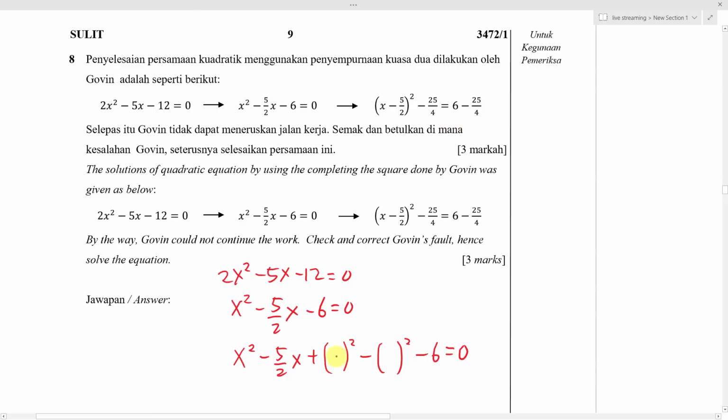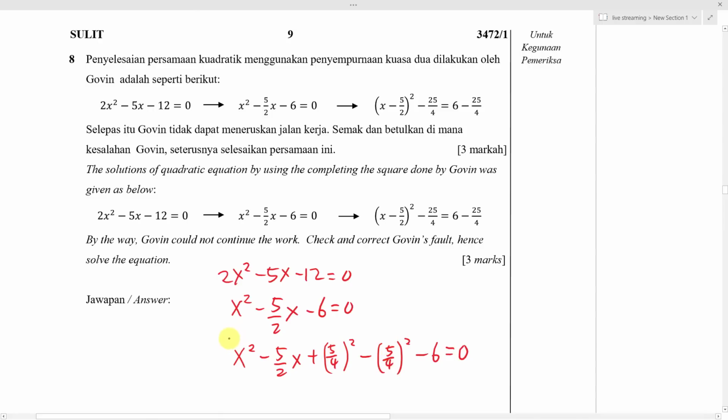But what is this something here? It's very important. It's just b divided by 2. My b right now is 5 over 2. So when 5 over 2 is divided by 2, you will get 5 over 4. You type in the calculator 5 over 2 divided by 2, you'll get 5 over 4. So this is 5 over 4.